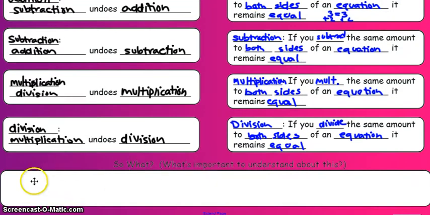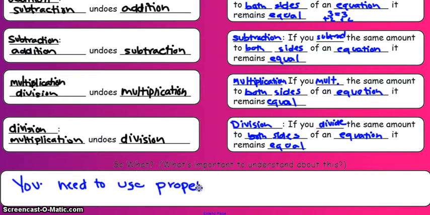Alright, you need to use properties every step of the way. Okay, flip over to the back once you have this done.